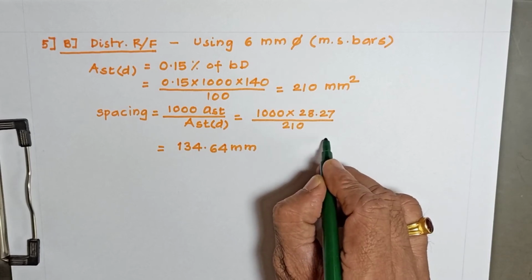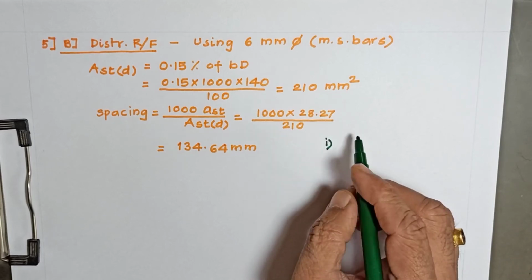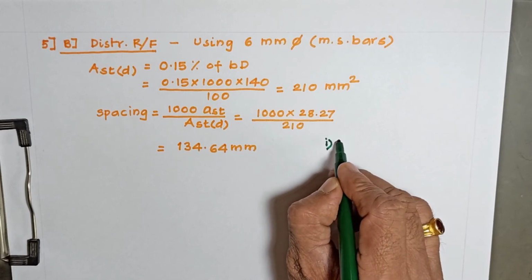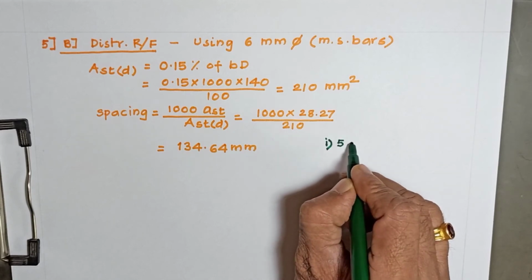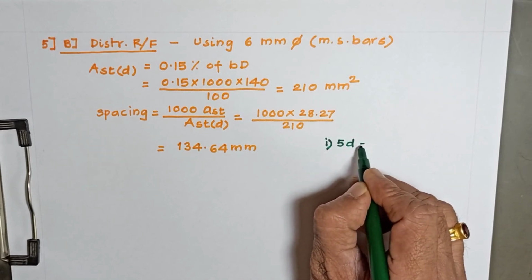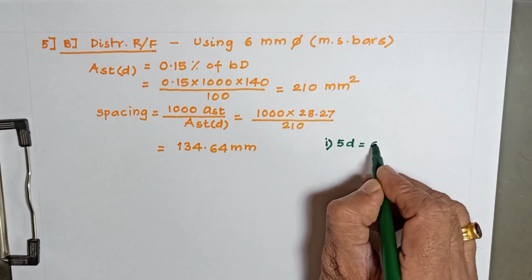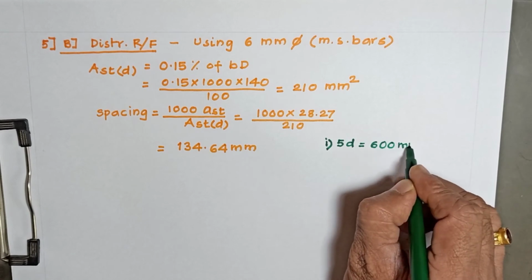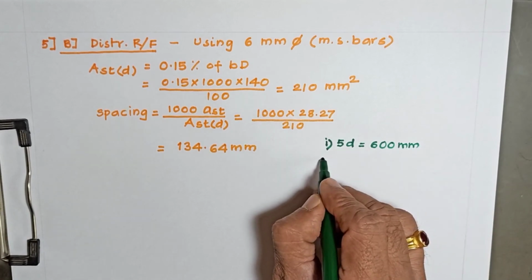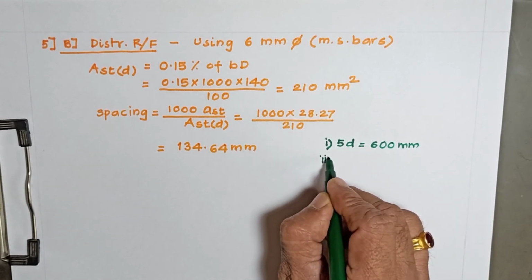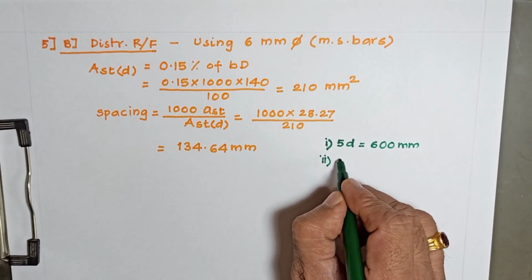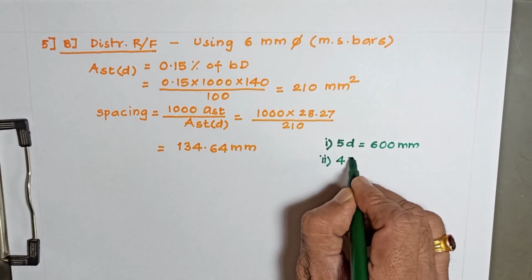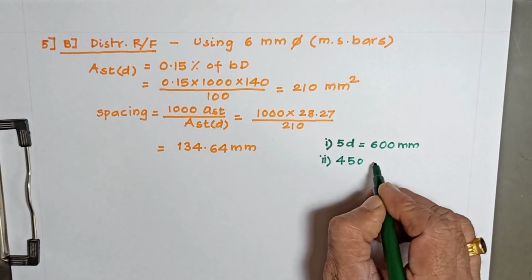That shall not exceed the lesser of the two. The first one is 5D, and 5 into D comes out to be 600 mm, and the second one is 450 mm, lesser of the two.